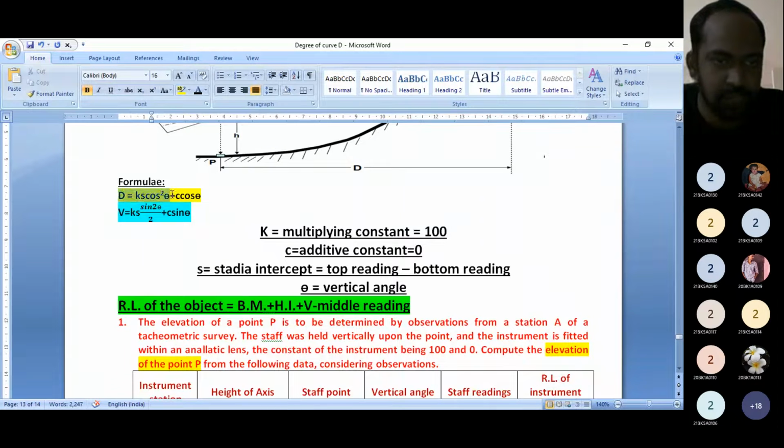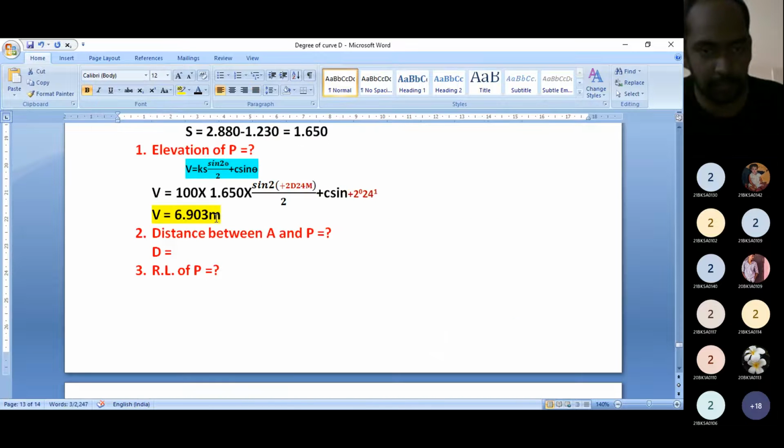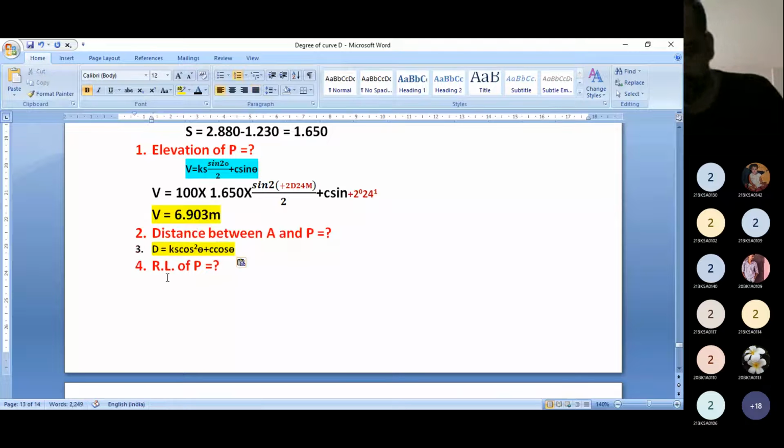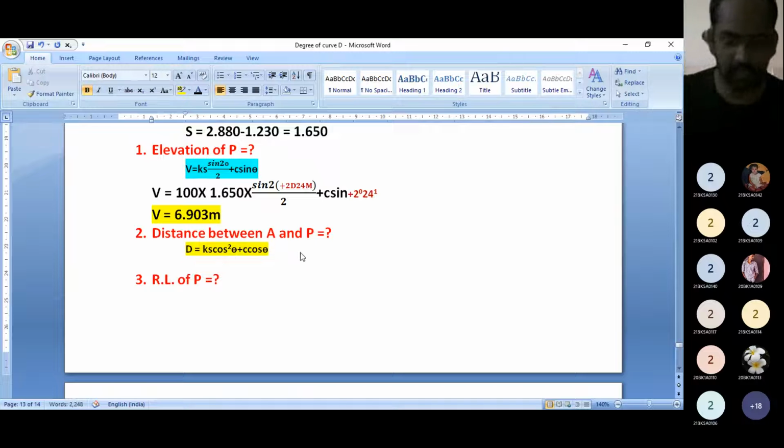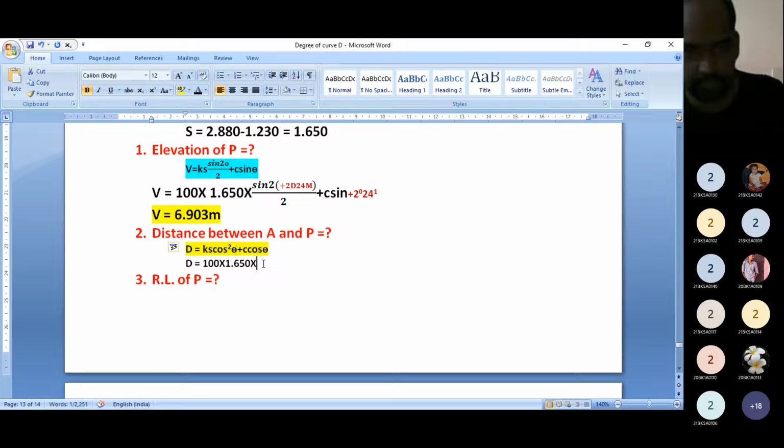Now I'm taking the formula. We know D equals K, which means 100, into S, which means 1.650, into cos square theta.